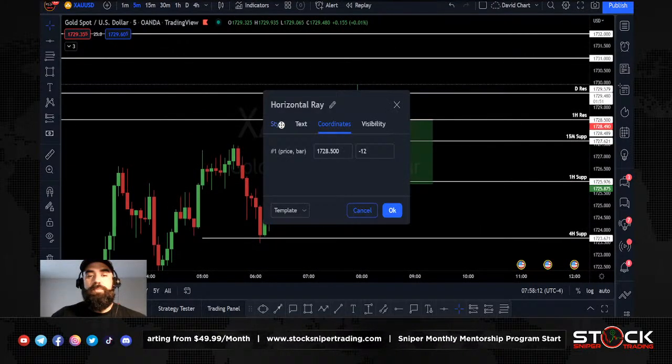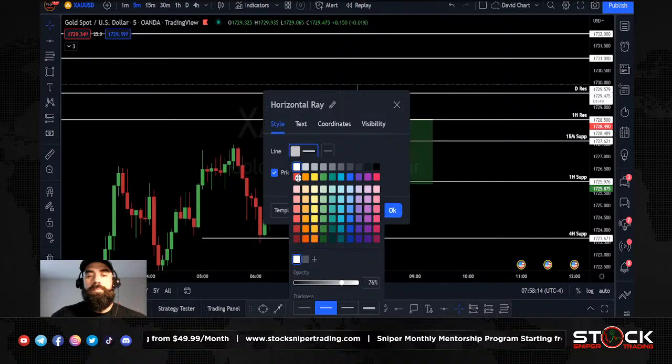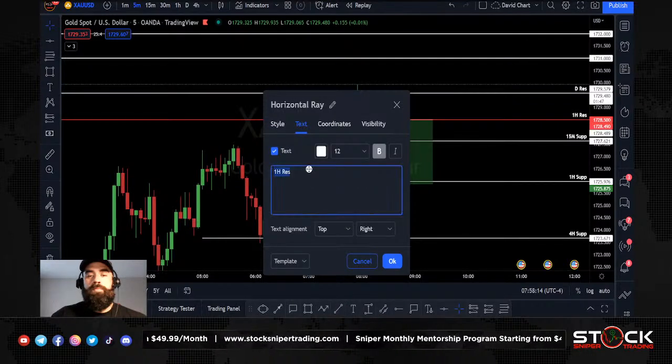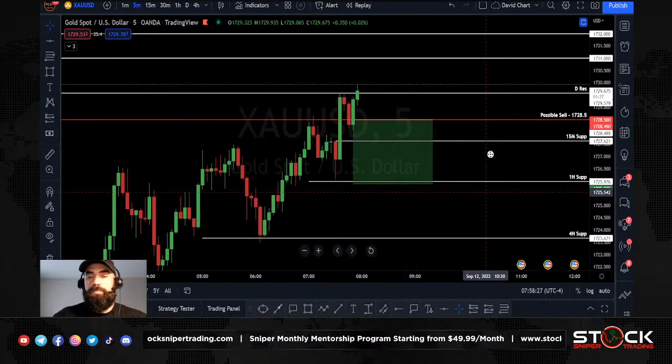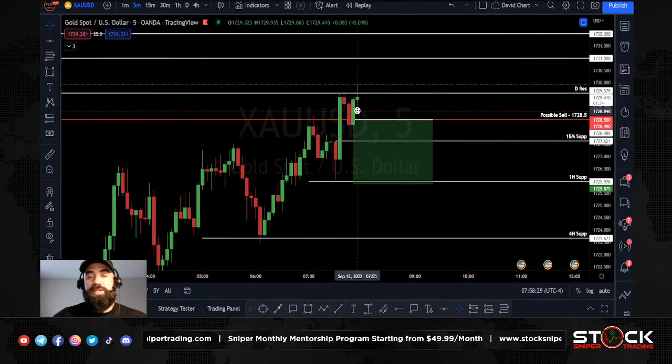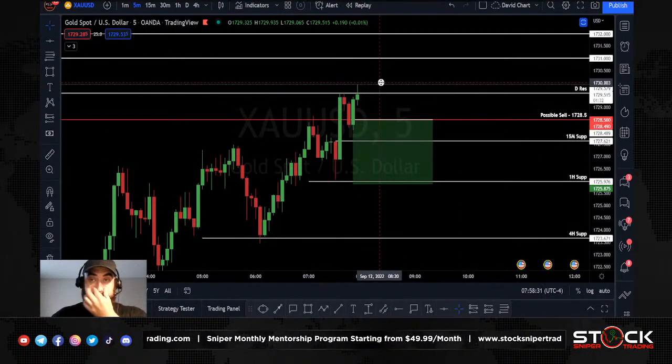We'll edit this up and see how it's going to go. If not, guys, this thing's going to push bullish here, and we're going to continue probably to 1731, 1732, and so on and so on.